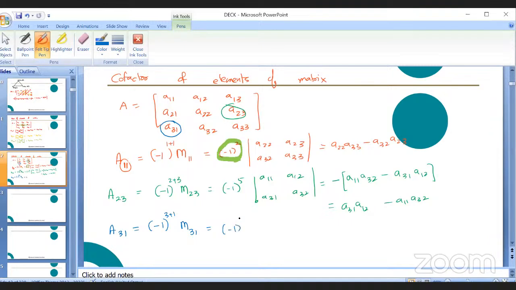So minus 1 power 4 and minor of A31 is A12, A13, A22, A23. Minus 1 power 4 will be anyhow positive. Now when you find determinant, what will you get? A12, A23 minus A22, A13. That's it. Like this, you can find cofactor of any element in the matrix.